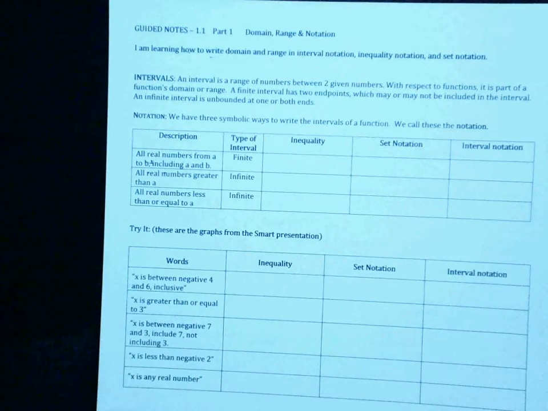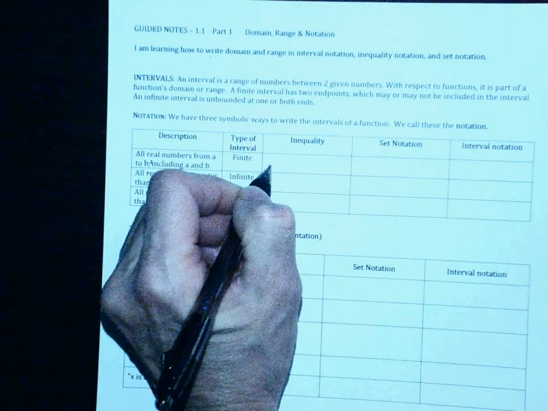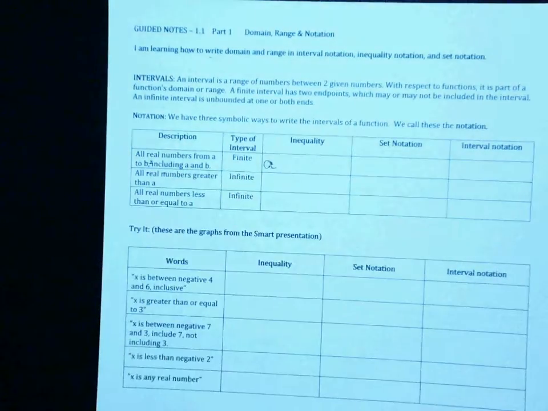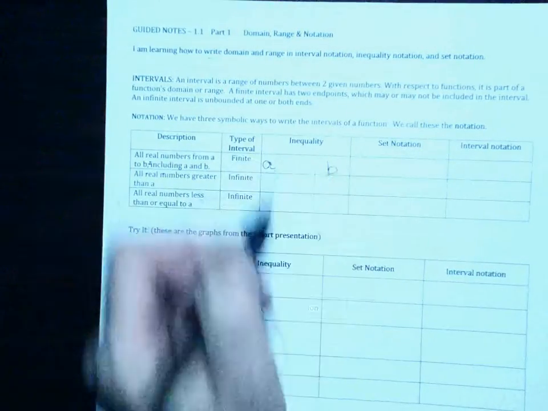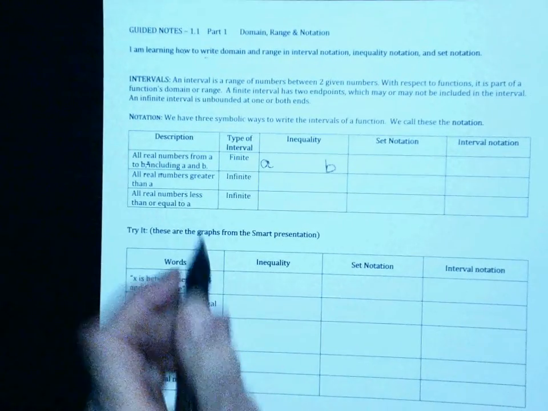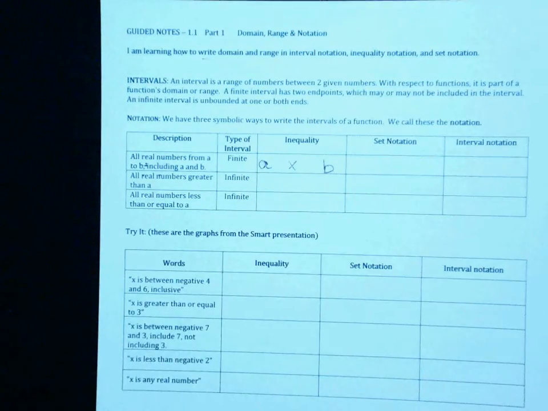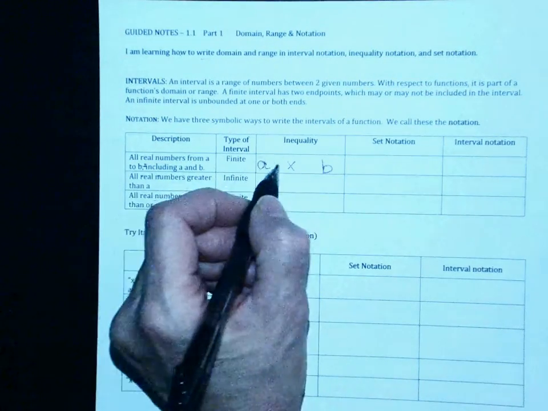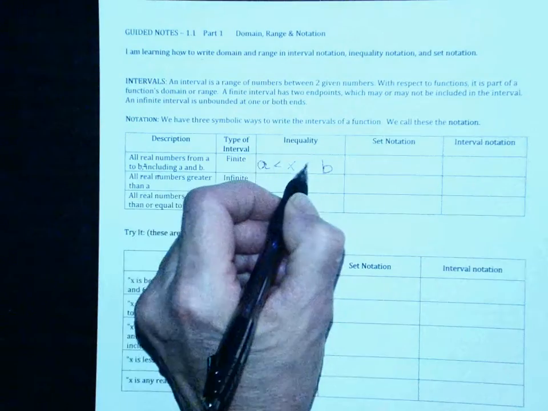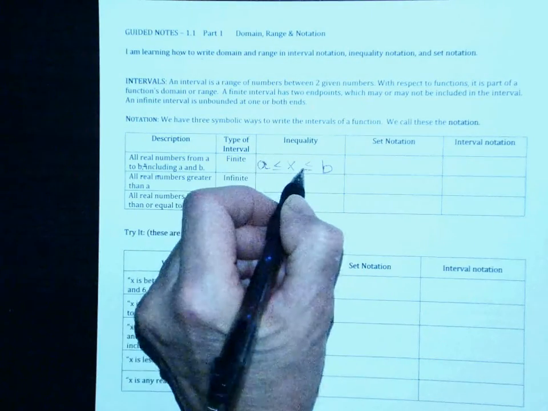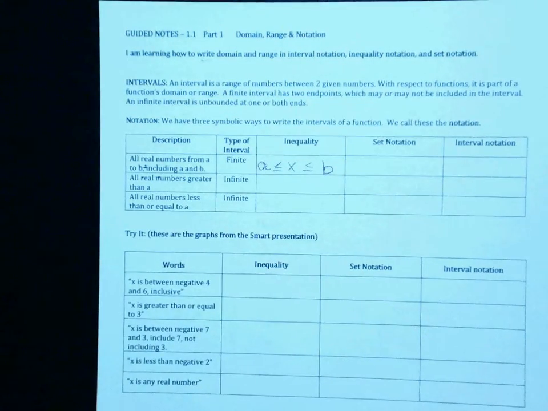Its starting point would be the number A, its ending point would be the number B. All the numbers in between A and B are x, and since it's including both of them, it's the less than or equal to symbol. If it wasn't including both of those numbers, it would just be the less than symbol.